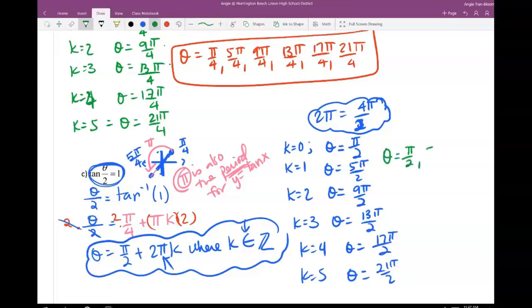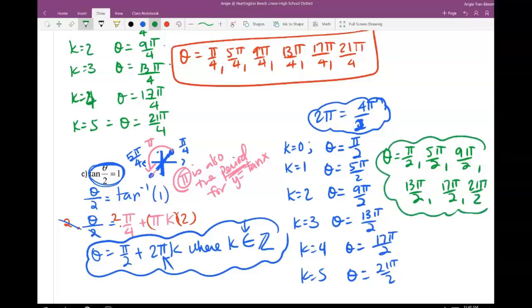Pi over 2, 5 pi over 2, 9 pi over 2, 13 pi over 2, 17 pi over 2, 21 pi over 2, and voila. So those are the 6 solutions, and these over here are your equation. And yes, you do need to know how to write your equation. Okay, this is the end of our 7.3 notes.